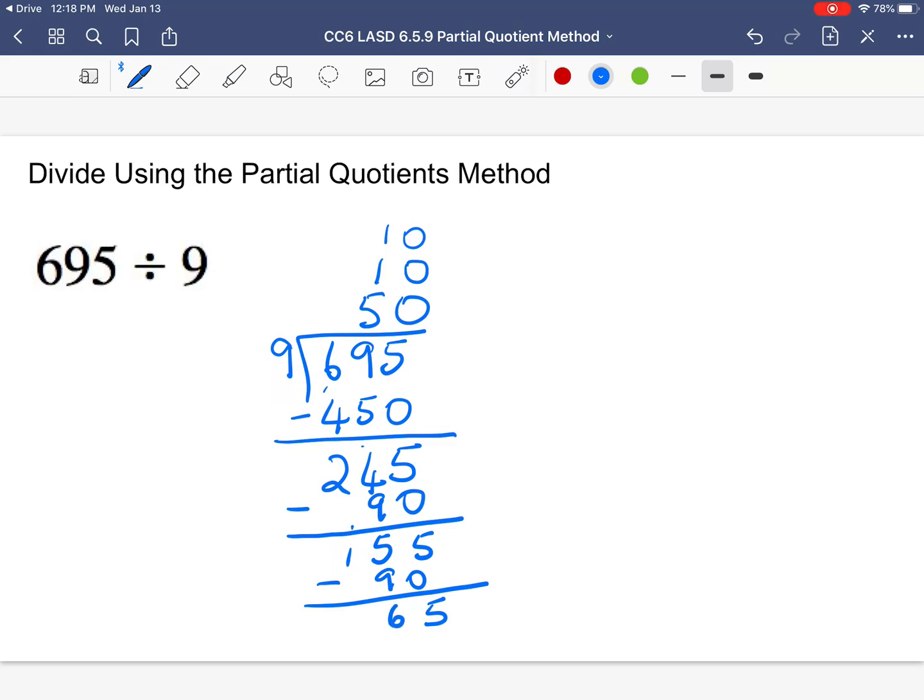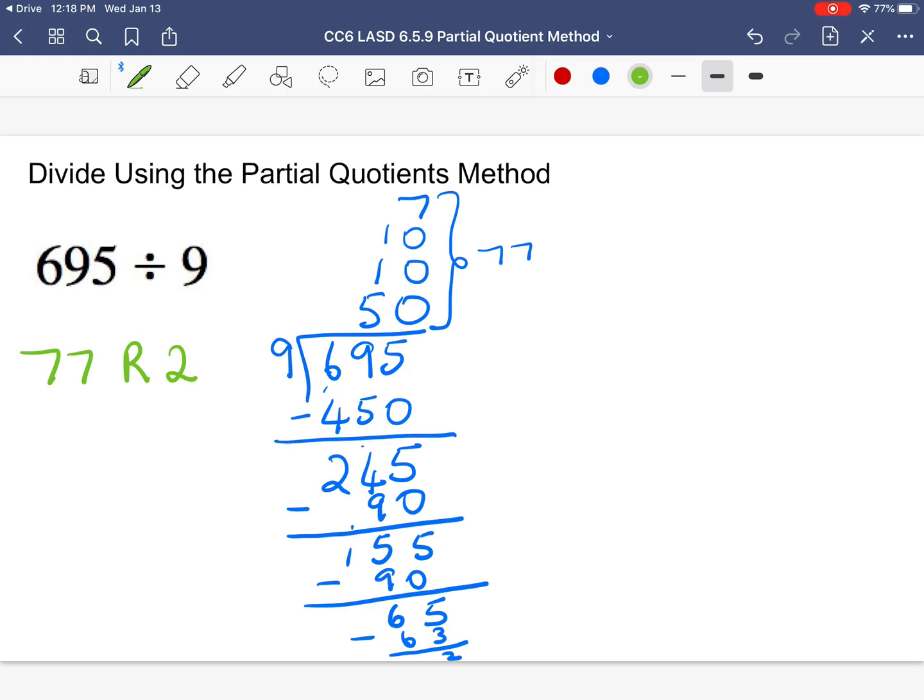And I know that 9 times 7 is 63. And I'm left with 2. So I can't divide 2 by 9 any further, so let me add up the partial quotients. 50 and 10 is 60, and 10 is 70, plus 7 is 77, and there's a remainder of 2. So the answer is 77, remainder 2.